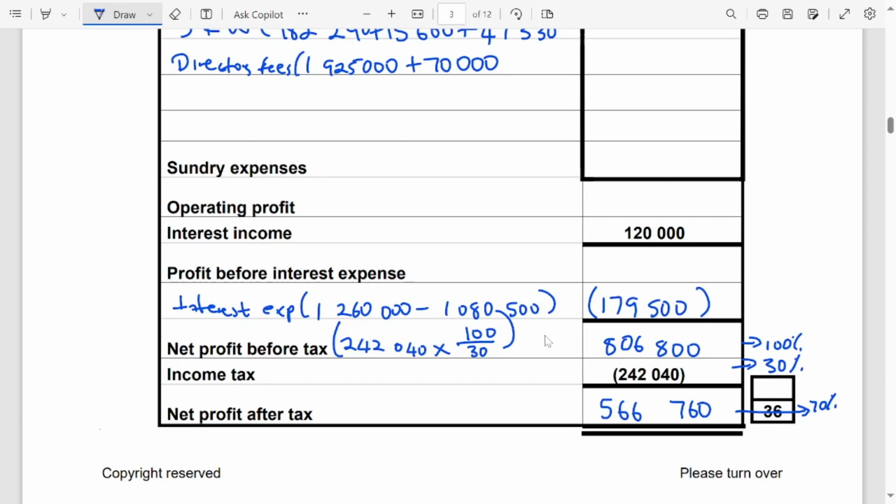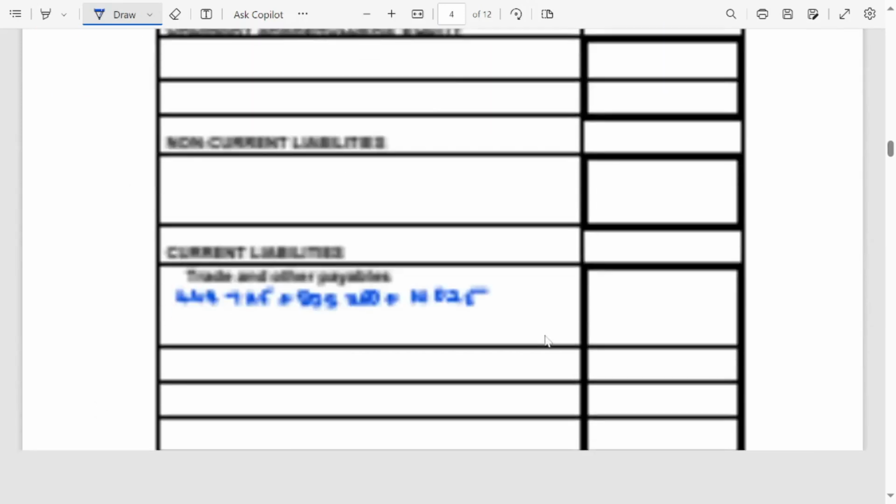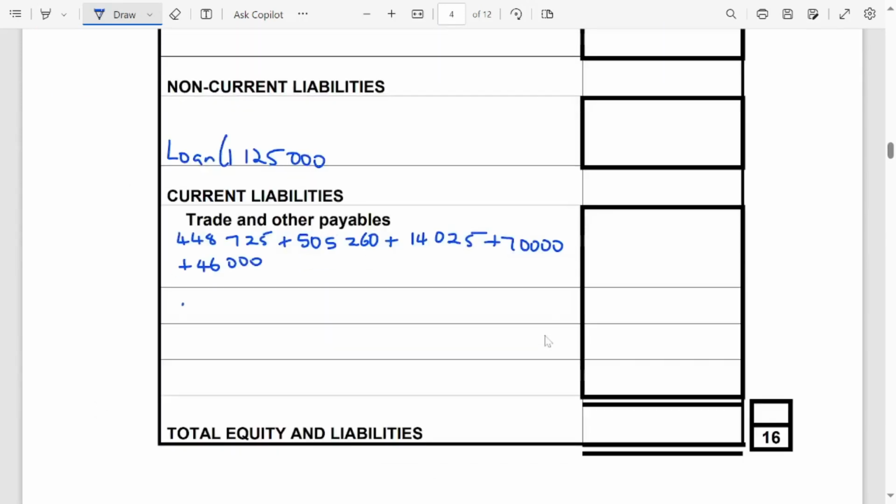So we must go and record it. It's a short-term loan, 625,000. But before we do this, we must subtract it here to show that it now belongs under short-term loan.